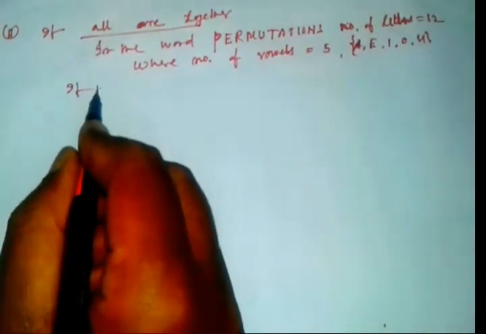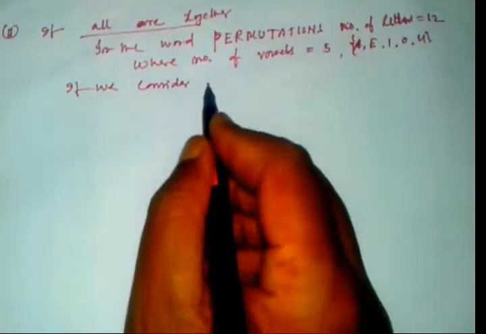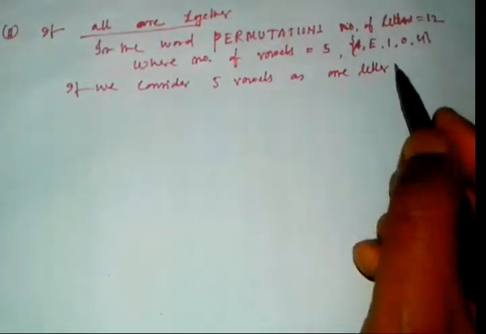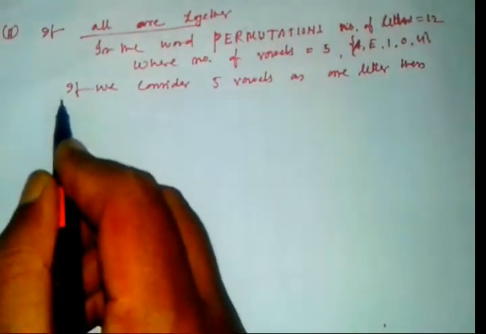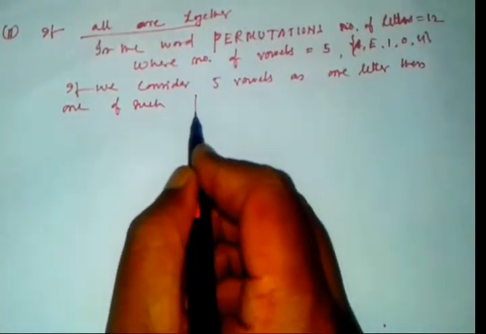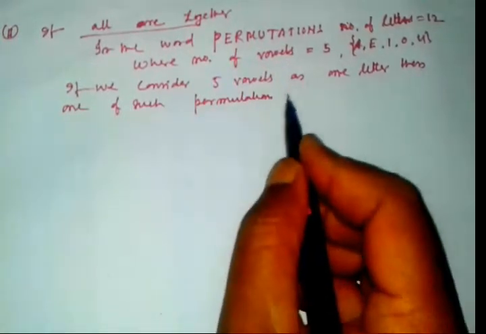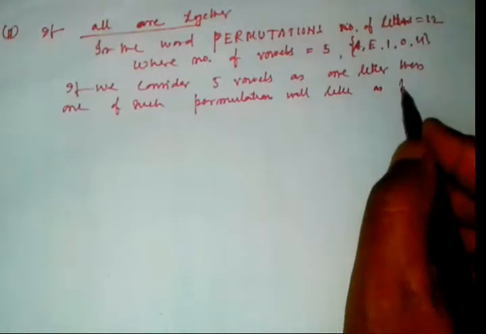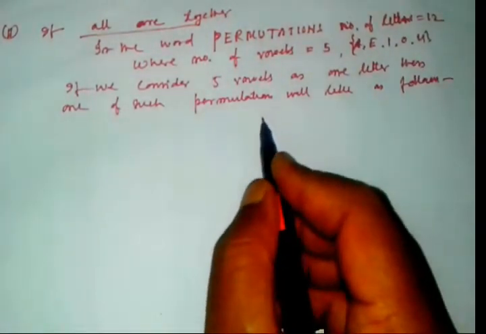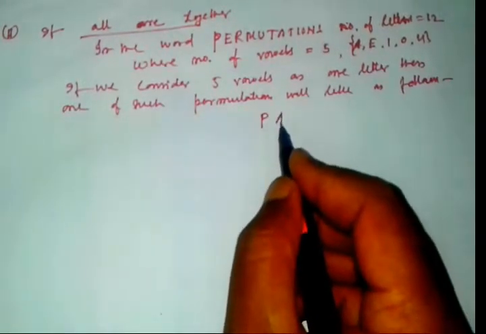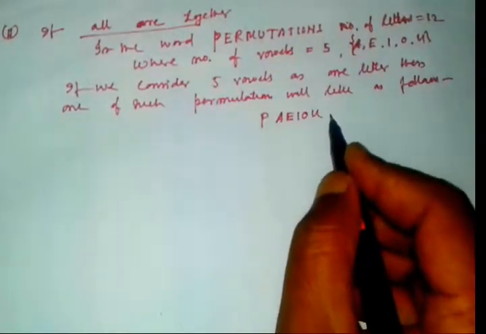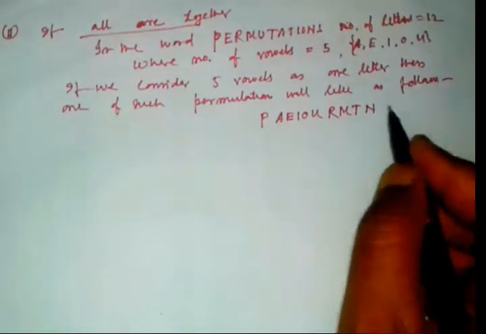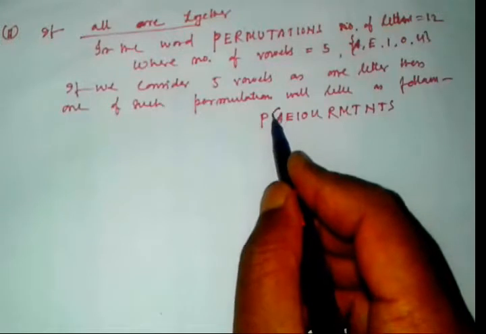If we consider 5 vowels as one letter, then one of such permutations will be as follows: the vowels A E I O U together, and the other letters are P R M T N T S.